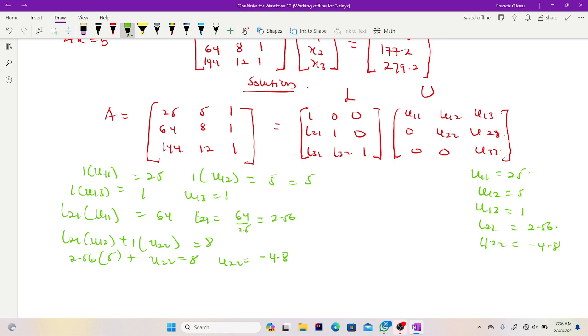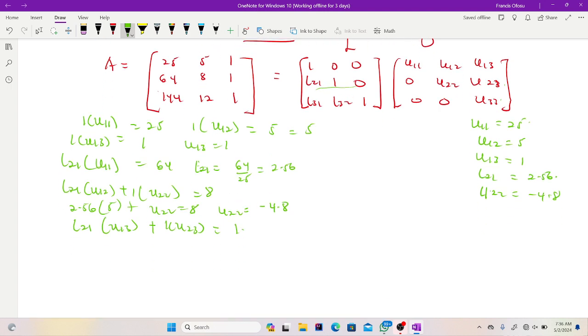Then I move ahead. This same row will multiply the last column. So I'll get L21 by U13 plus the same 1 by U23, and this is going to give me 1 here. Once I do that, I can simply solve. L21 is 2.56, multiplying U13 which is 1, plus U23.